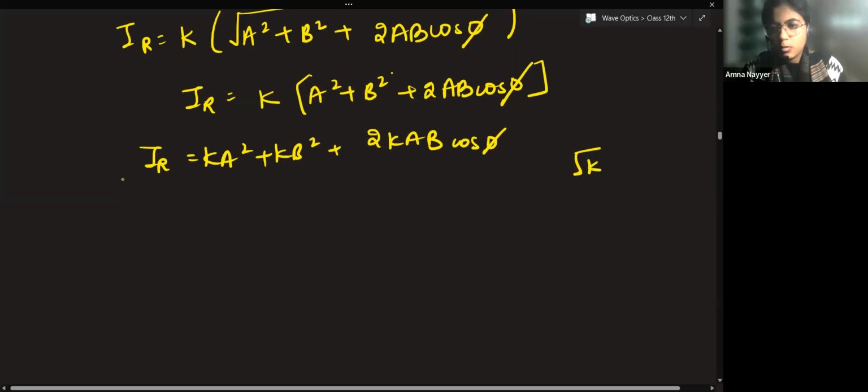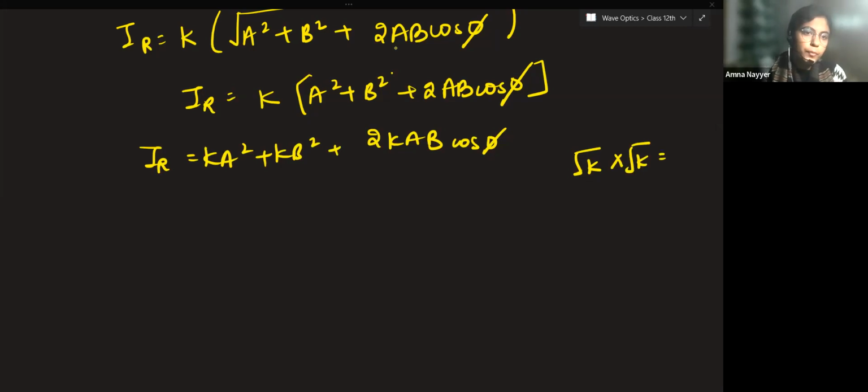Class, tell me one thing. What is root K into root K? Root K multiplied by root K. K. Good.